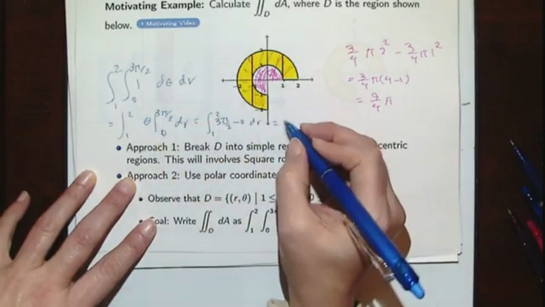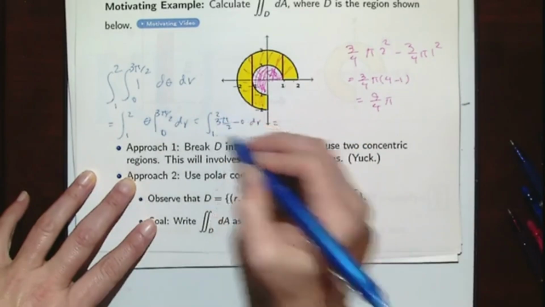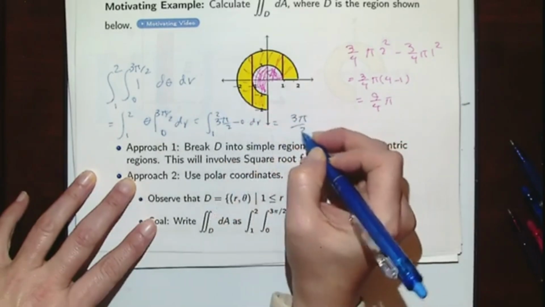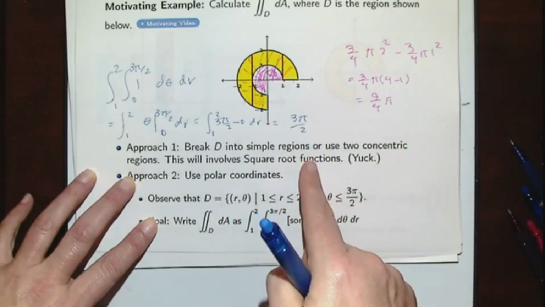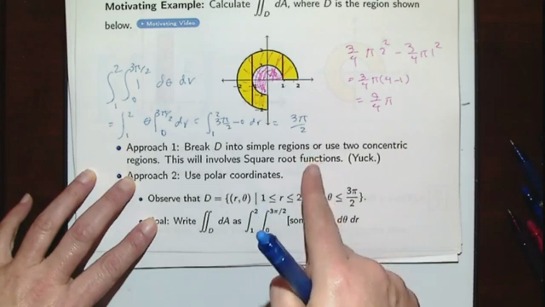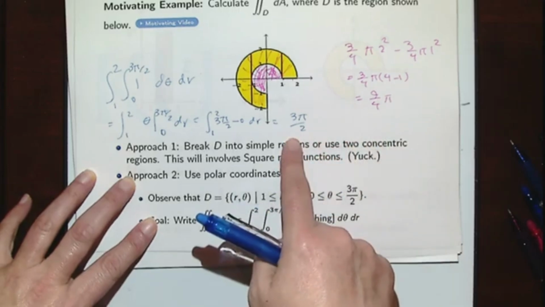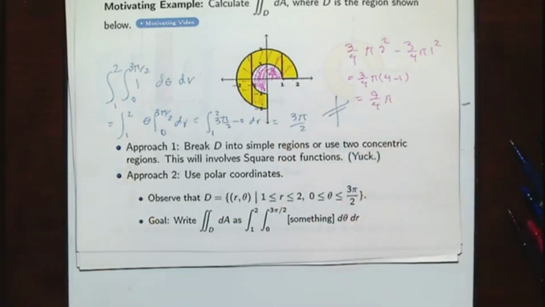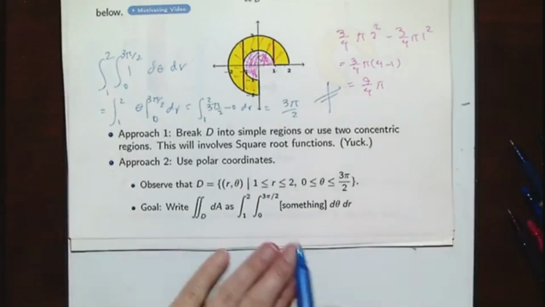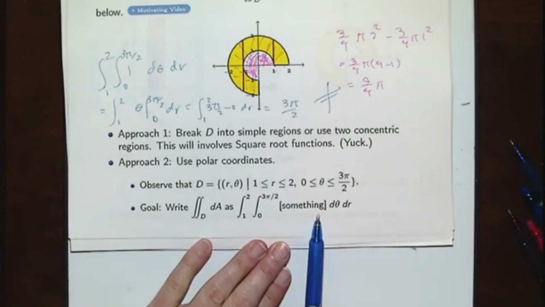So 3 pi half. Hey, what just happened? These two are not equal. Why is it not equal? I need a scalar, so you actually cannot do that.